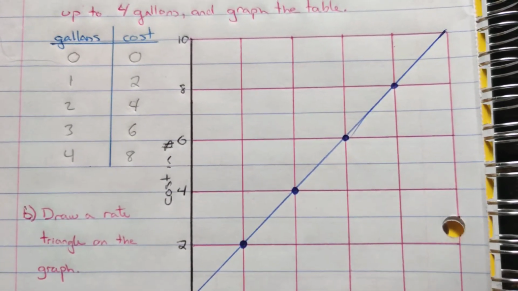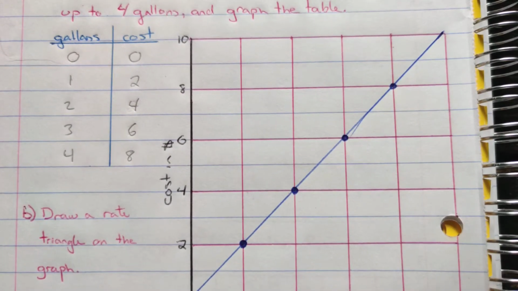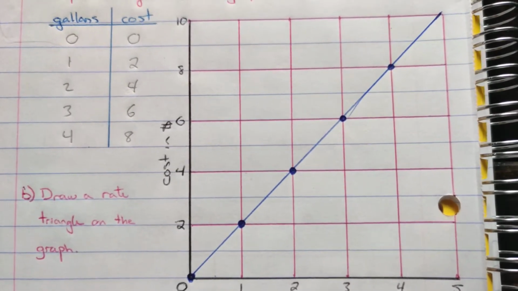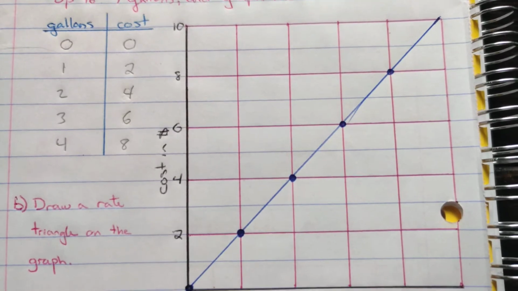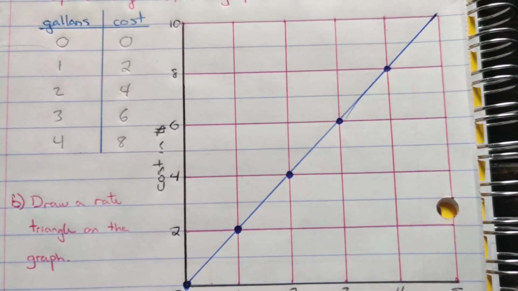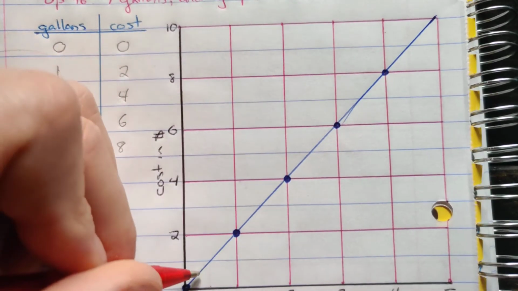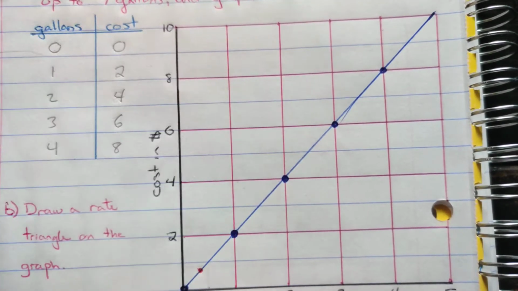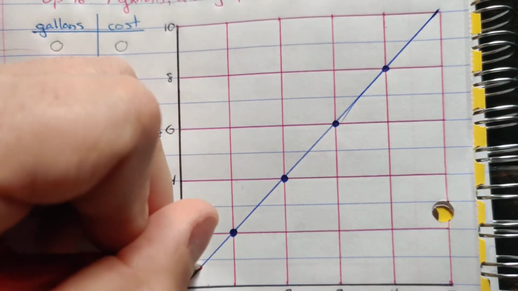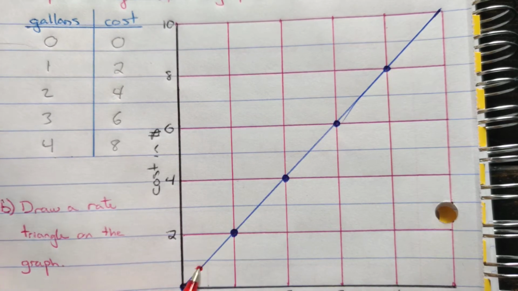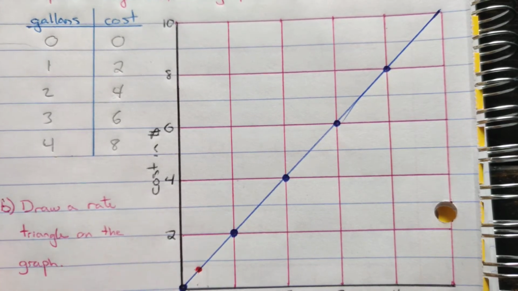Now, we want to draw a rate triangle on the graph. When we do our rate triangles to find our rate of change, we can pick any pair of points on the graph. We do not want to pick a point like this. Some people say, well, that's on the graph. But if you pick this point right here, what number is that at?